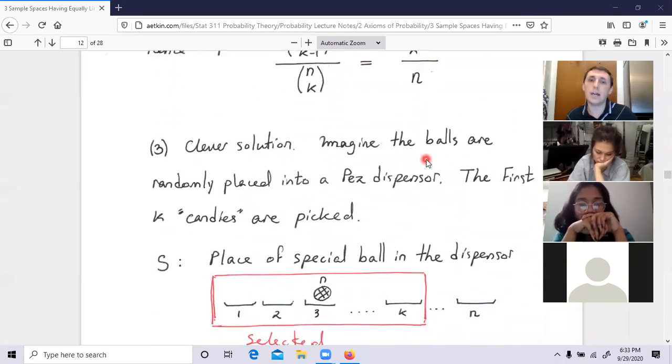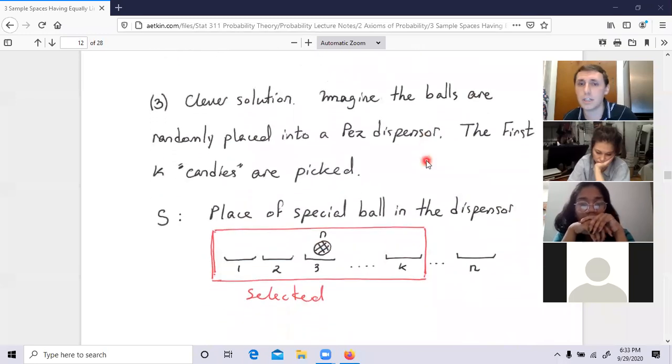So imagine that the actual selection is basically you have a Pez dispenser, and the special ball is like your special candy, right? So in the Pez dispenser, the n objects can be arranged in any order, but once they are arranged, then you just kind of open the Pez dispenser, and you are going to shoot the first k balls or the first k candies out of the dispenser.